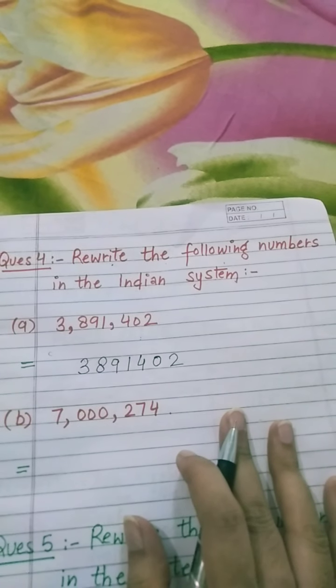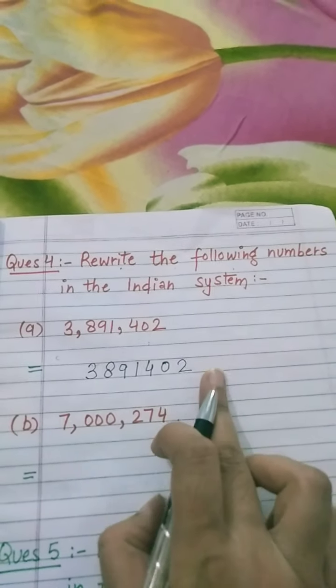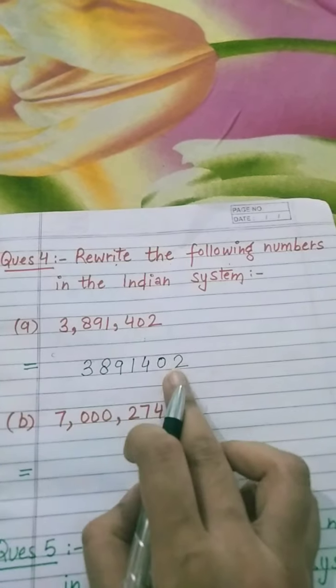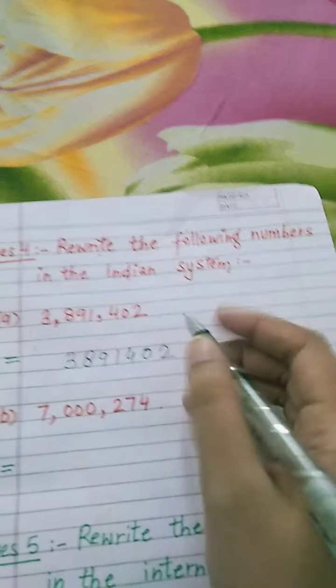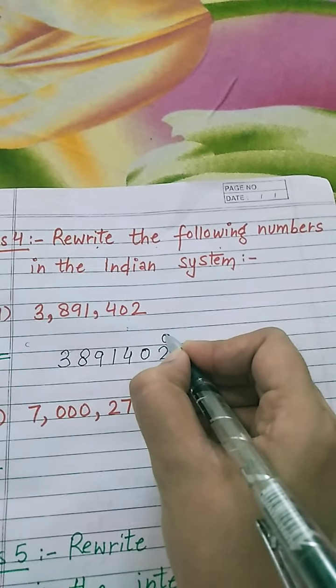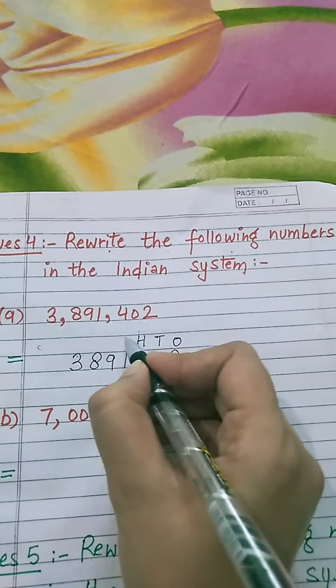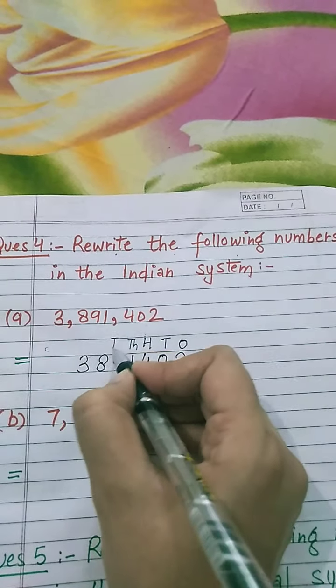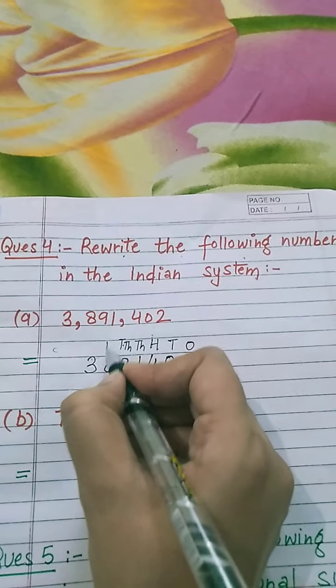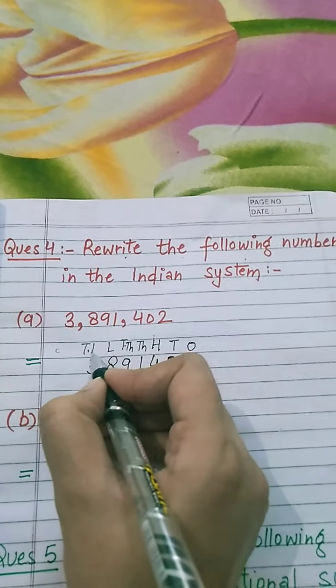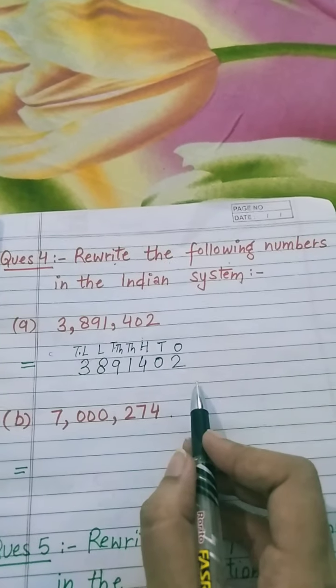Now we'll put commas, but before that we will write down the places above each digit. That is, 2 is at the ones place, then tens, 100, 1000, 10,000, lakh and 10 lakh. Now we'll put the commas.